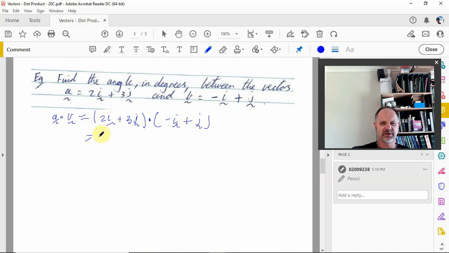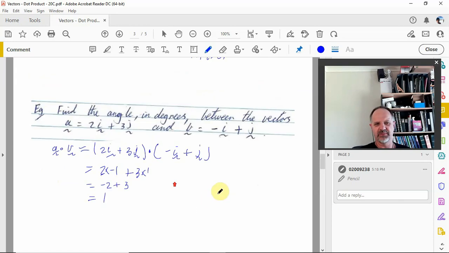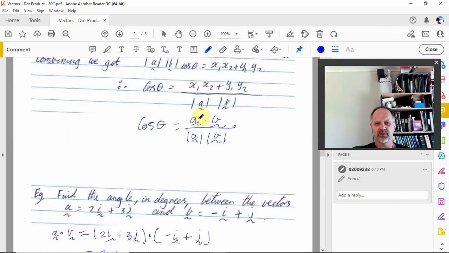All right, so 2 times negative 1 plus 3 times 1, negative 2 plus 3 is 1 in this case. All right, what else do we need? Well, let's look back up here. What do we need? So we need A dot B, we've got that.